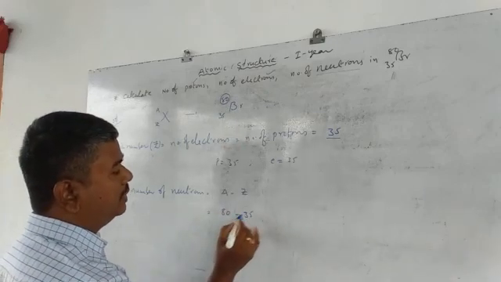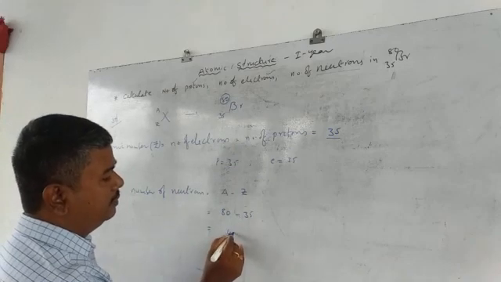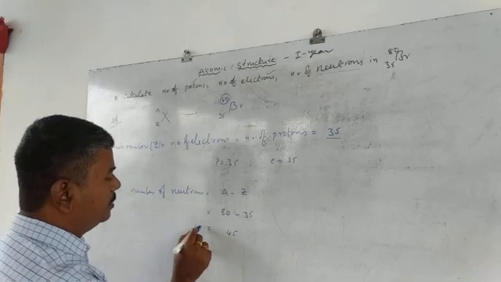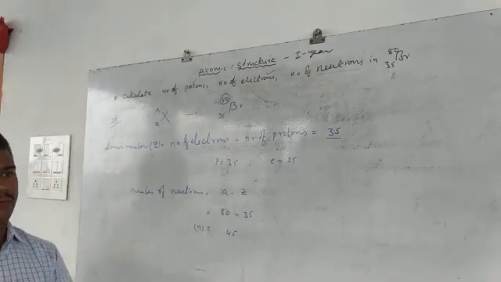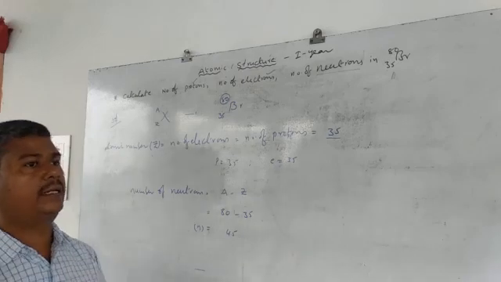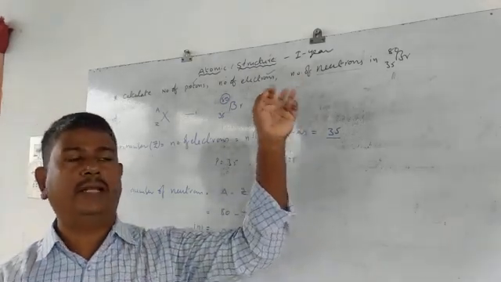Atomic number 35. That equals how much? 45. So that is the number of neutrons. So for a given element, if the mass number as well as atomic number are known, we can easily calculate the number of protons, number of neutrons and number of electrons.